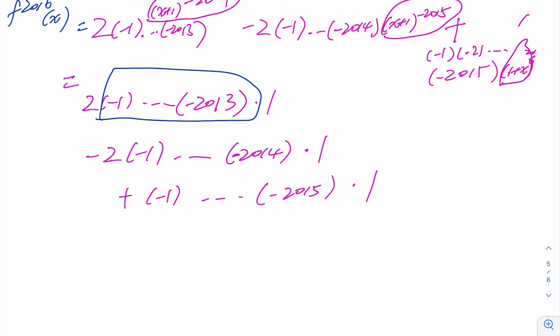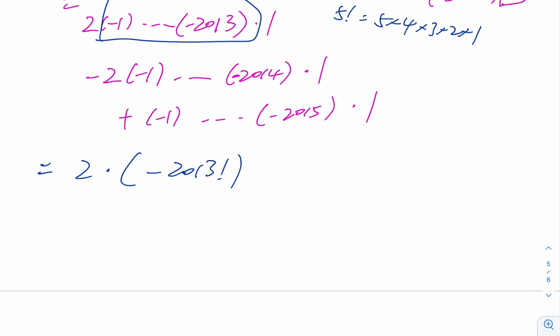So factorial is when 5 factorial equals 5 times 4 times 3 times 2 times 1. So which means 1 times blah blah blah times 2013 is the 2013 factorial, but because it's a minus, so this will be times factorial.